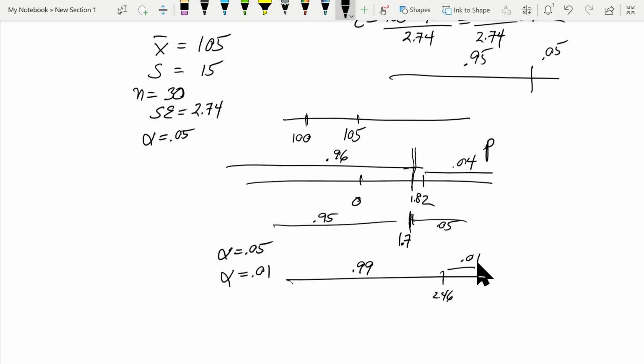Is my 1.82 in that tail? It's not. So I have a stricter criteria for rejection. If I do this test at the alpha equals 0.01 level, I would not reject. I would say, no, the fertilizer doesn't work. And this is a big deal in statistics.